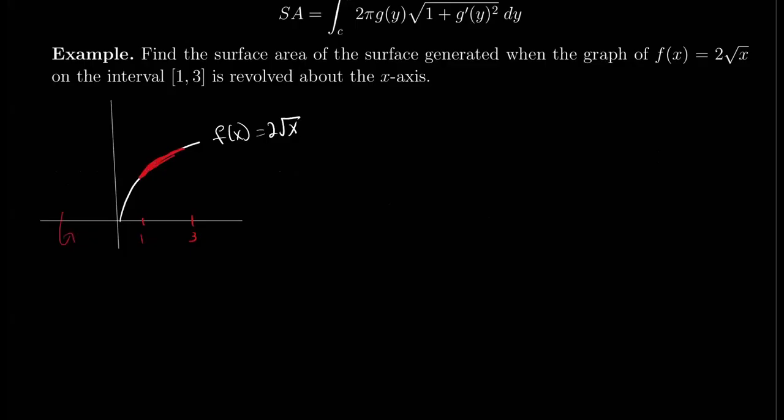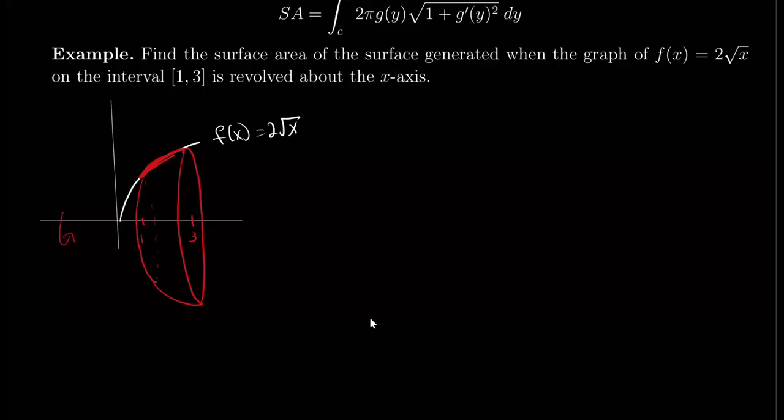So when I revolve that around the x-axis, you're going to end up with some hollow object that this is what I'm trying to find the surface area of. Think of it as hollow. I'm not filling it in. I'm not finding a volume. We're just finding the surface area.